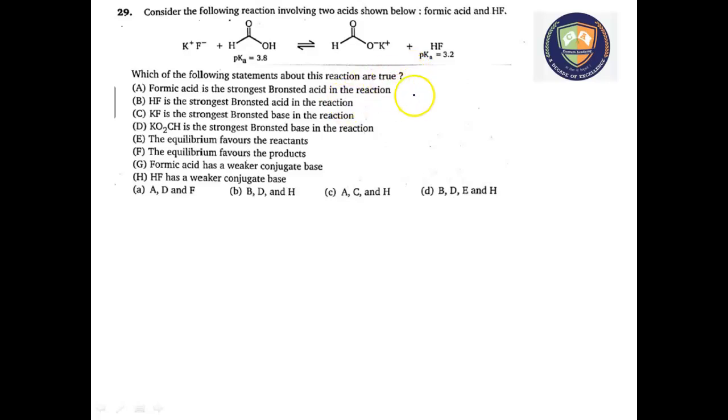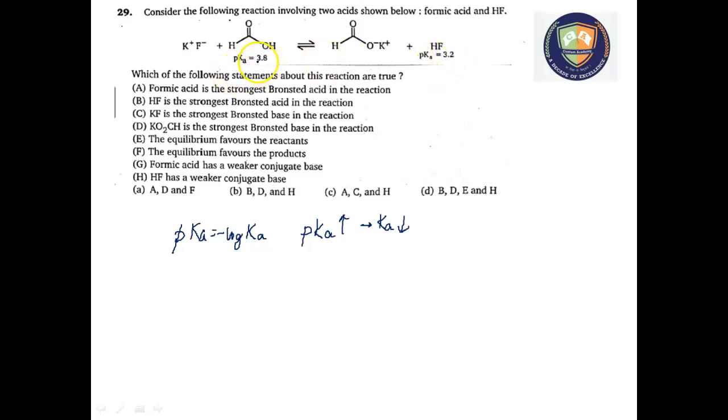So if we see these pK values, as you know already, pKa is equal to minus log of Ka, which means if we have a higher pK value, it will have a lower Ka value, because the negative sign is already placed before the log. Now in this reaction, formic acid has a pK of 3.8 and HF has a pK of 3.2.